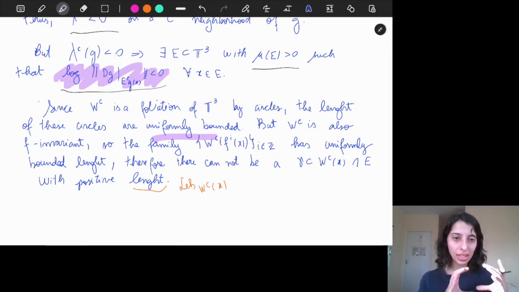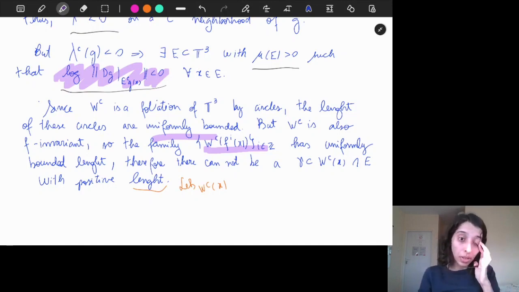So any circle is taken by the dynamics to another circle. Each one of these circles has bounded length. So when we take one circle and start to iterate it, they are all circles inside the same family, and they all have bounded length uniformly, because it doesn't depend on the original circle we take.